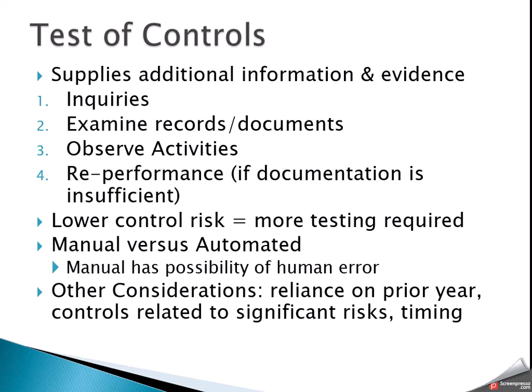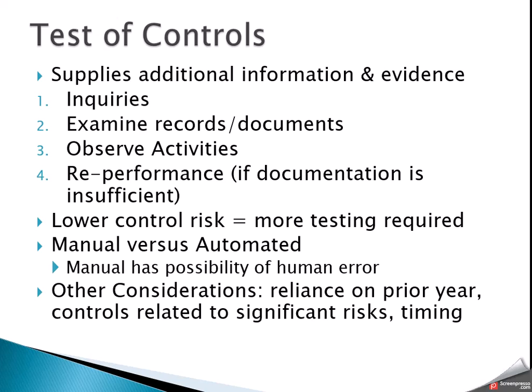Then we have your test of controls. The purpose of the test of controls is so that the auditor can evaluate whether the controls are likely to be effective in identifying any errors or things that could upset the audit or the audit objectives. So it provides additional information. How do we go about that?